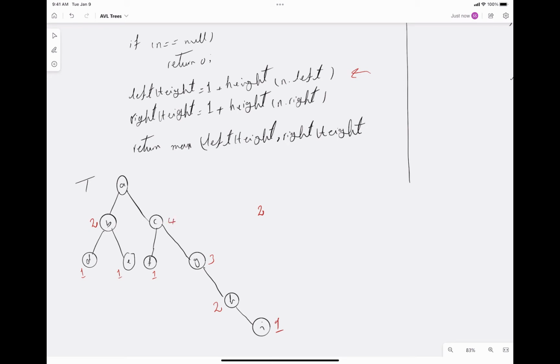And now we're going to look at the height of the node A. Again, as you see, it is a recursive call.